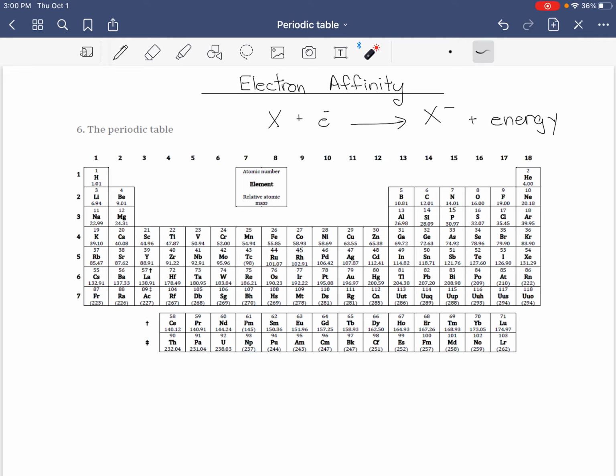Now, just by saying that, you need to ignore the noble gases because they obviously don't come into play. So going this way is obviously increasing.